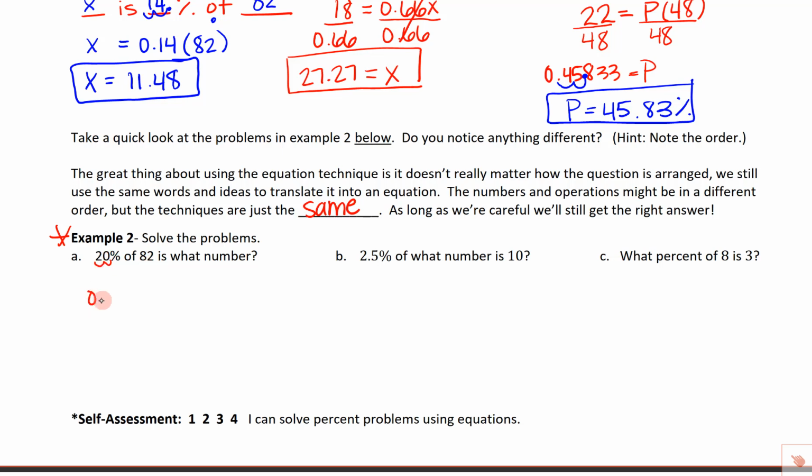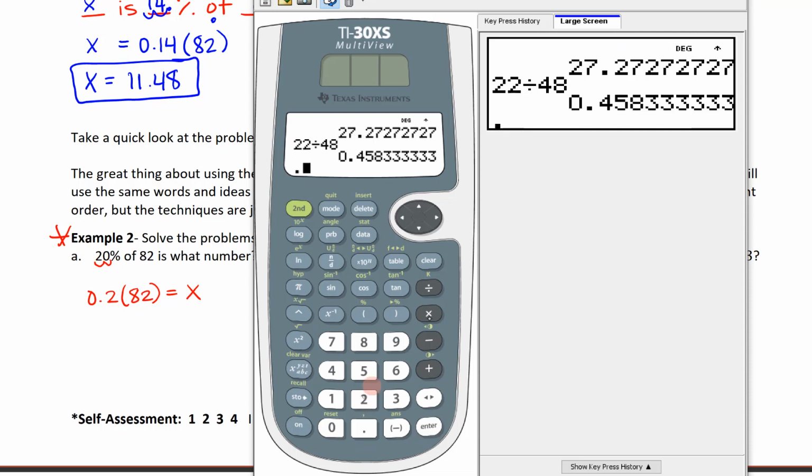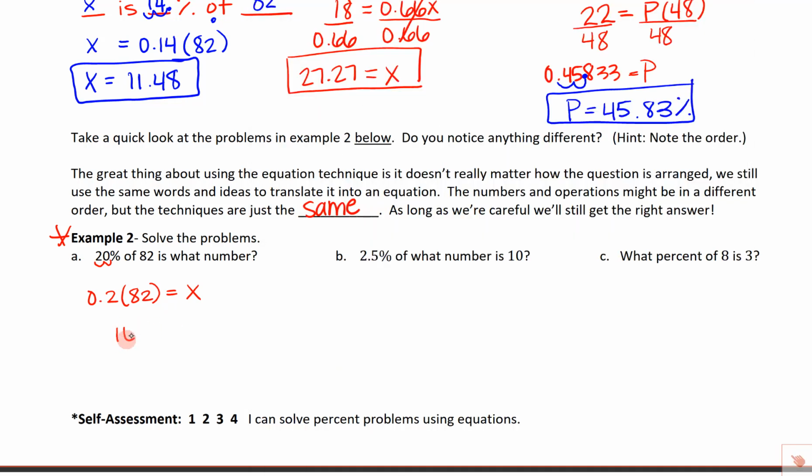So that would be 0.2 times 82 is what number? We don't know, so I'm going to use x. So in your calculator, 0.2 times 82, and we get 16.4. So 16.4 is that missing number.